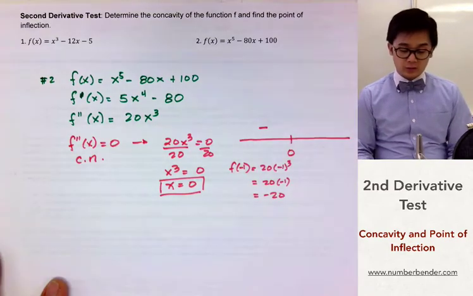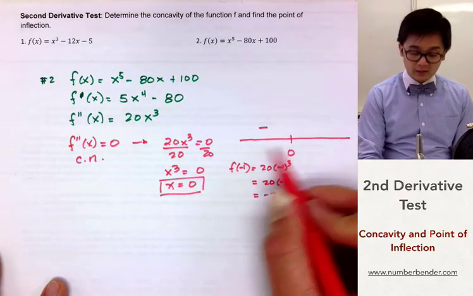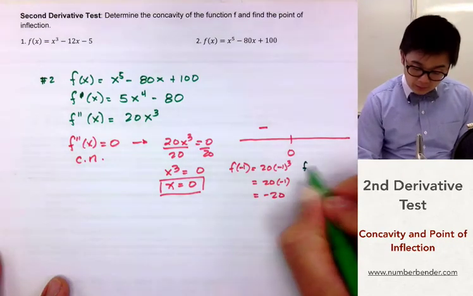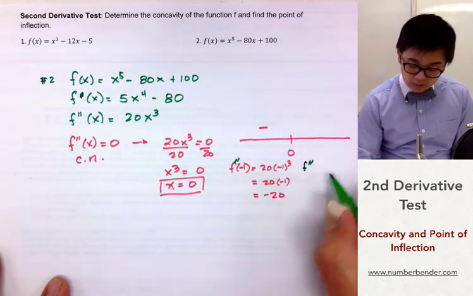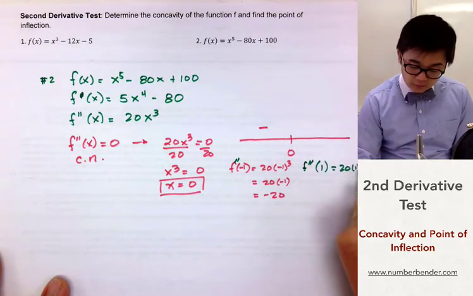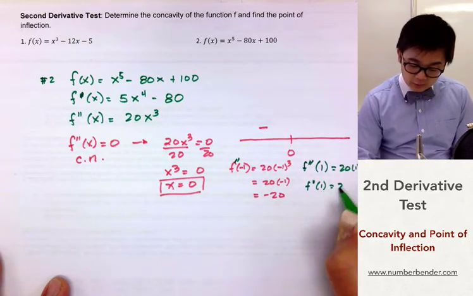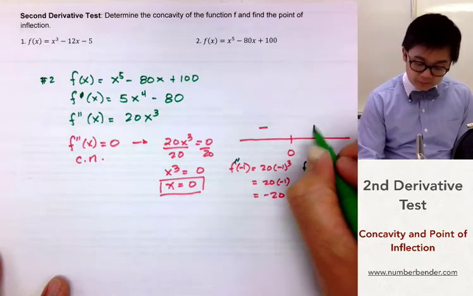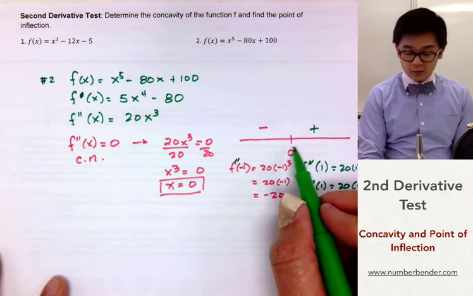So our concavity for the interval x less than 0 is negative, and for f double prime of +1, we'll use 20 times 1 cubed, and f double prime of 1 is 20 times 1, which is +20. So the concavity is positive for x value greater than 0.